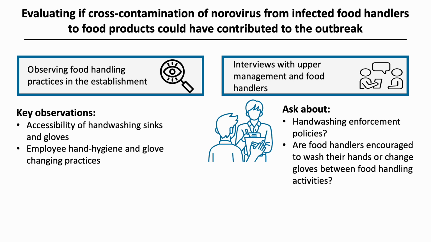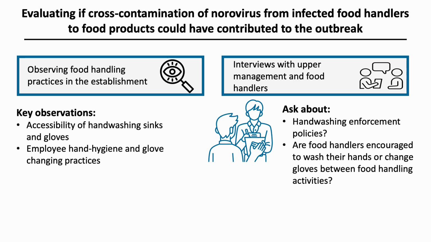Are there instances in which food handlers are advised against using hand-washing sinks or changing gloves due to scarcity of the supplies? These questions are all particularly important to ask, as any practices that deter food handlers or other employees from washing their hands or changing their gloves can potentially contribute to the spread of norovirus from infected food handlers to food products.